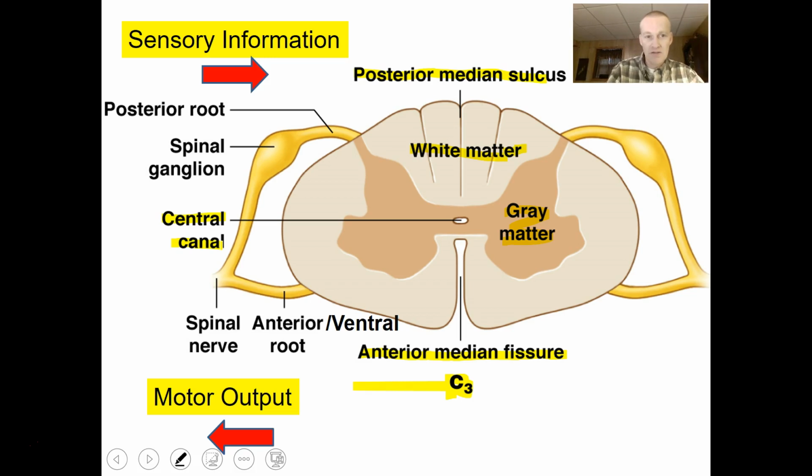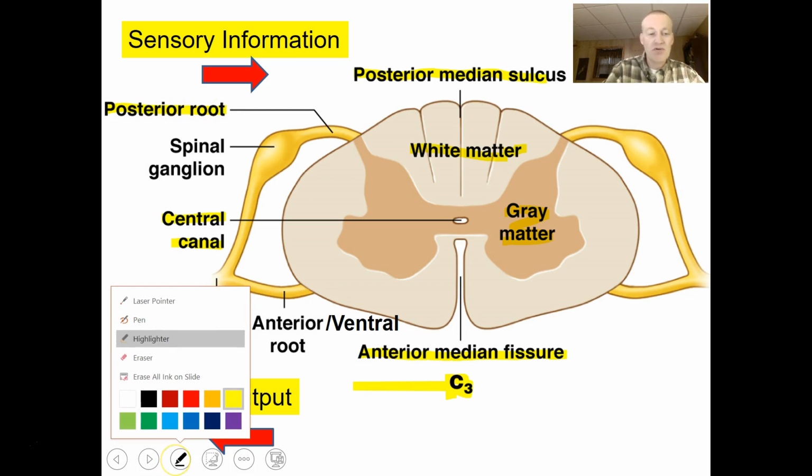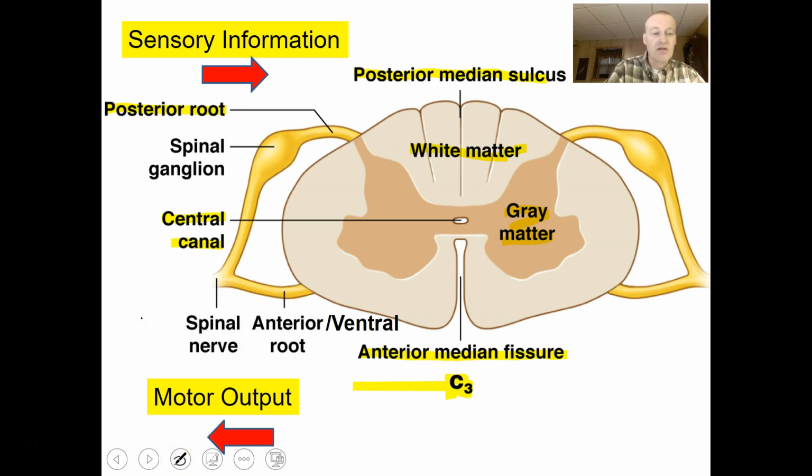And a couple of things coming out of the spinal cord here would be the posterior or dorsal root. You may want to write dorsal down there, because some books have dorsal, and I'll even interchange dorsal and posterior root, but this is the main root of nerves coming out of the posterior side.